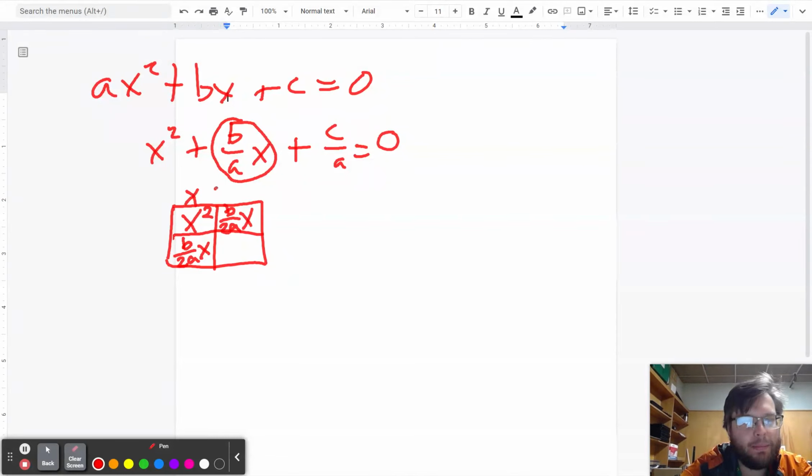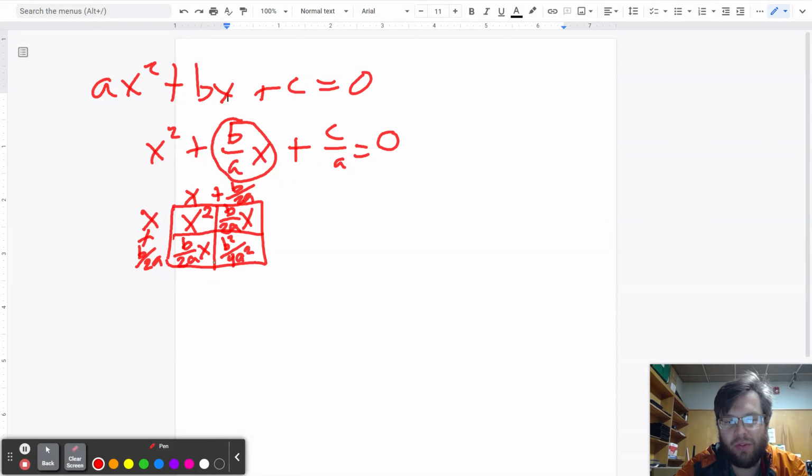So the outside of my box becomes x plus b over 2a times x plus b over 2a. When you multiply those two pieces, you get b times b, 2 times 2, a times a: b squared over 4a squared. However, that was extra. I just borrowed that from the bank.